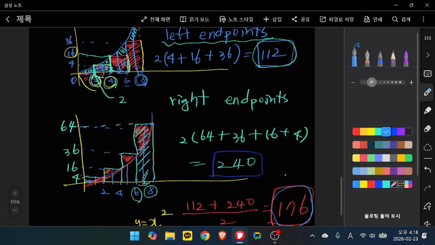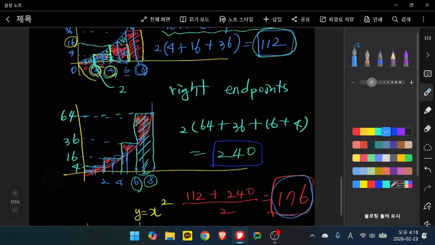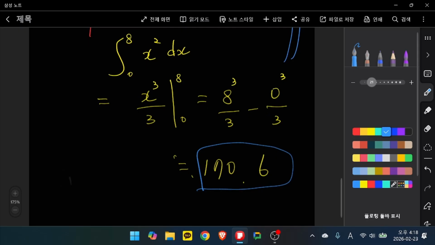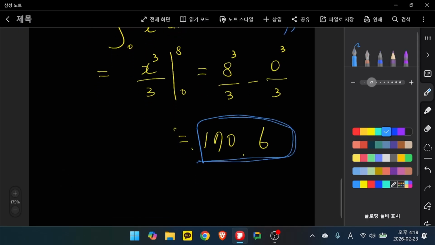That might be very near to the real area.